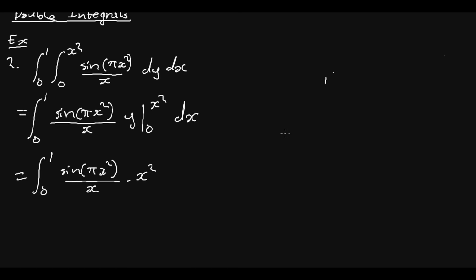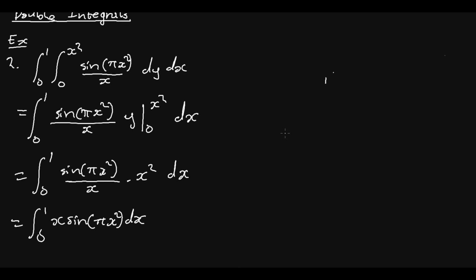Upper limit is x squared minus lower limit, which is 0, so I will just omit it. Then with the dx here, we have 0 to 1. So x squared over x, you can see it's x, sine pi x squared dx. So now we have to integrate this.